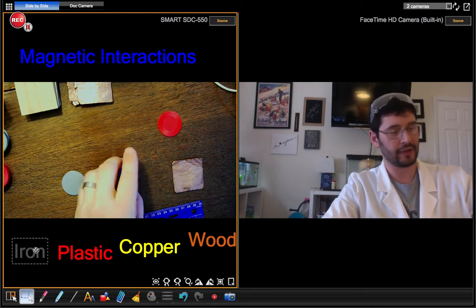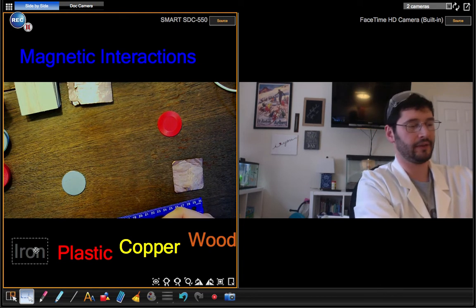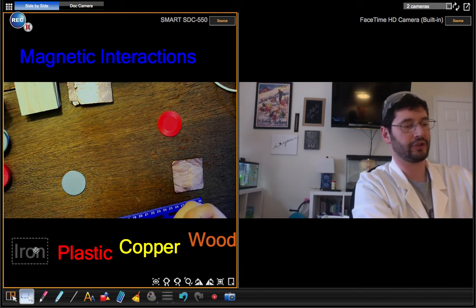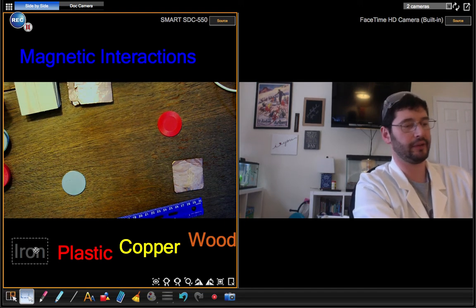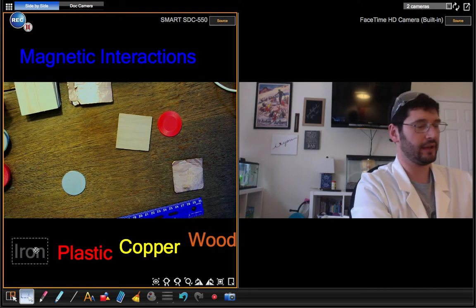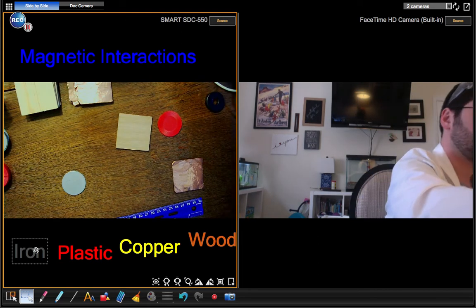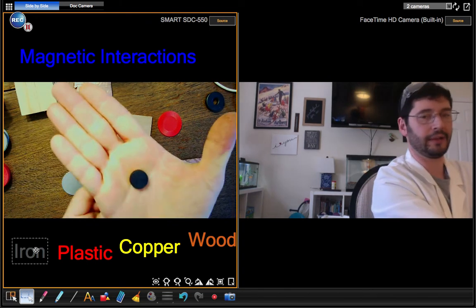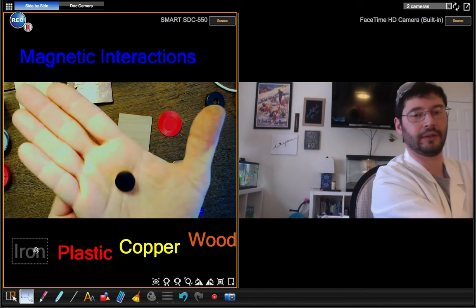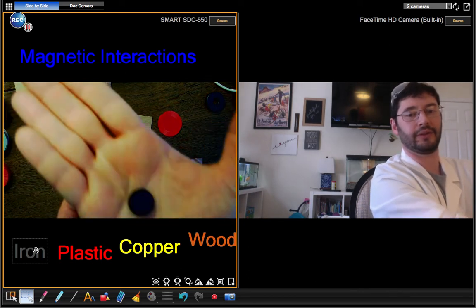All right, so the magnets are attracted to each other, and it's interesting to note that magnetic fields actually travel through objects. I'm going to need the stronger magnet for this part. You can see that magnetic fields actually interact through us too.